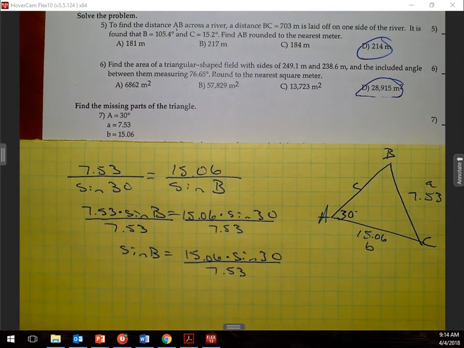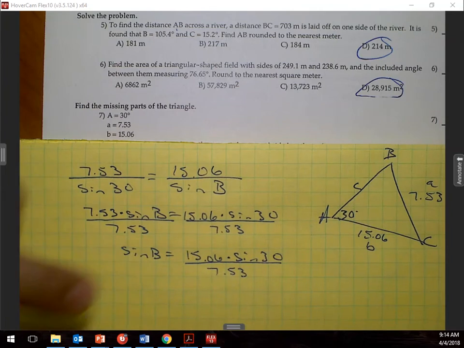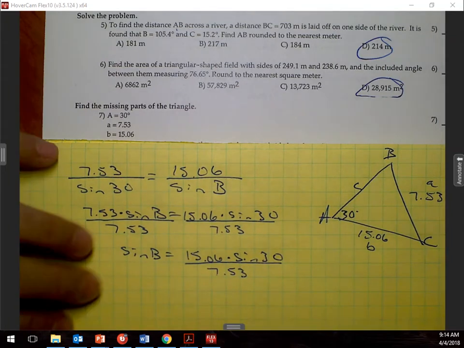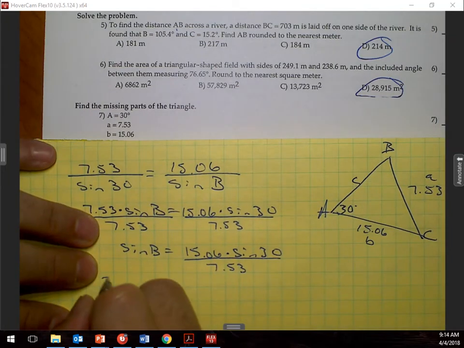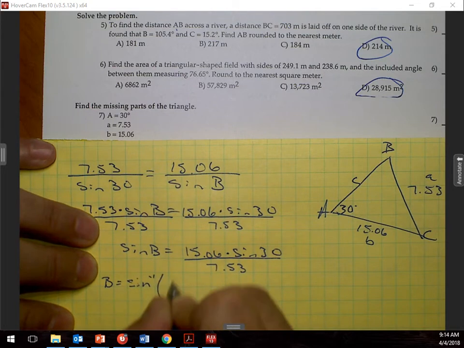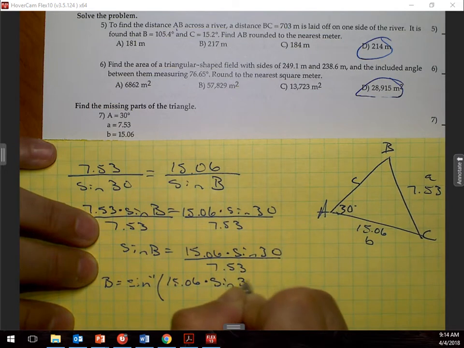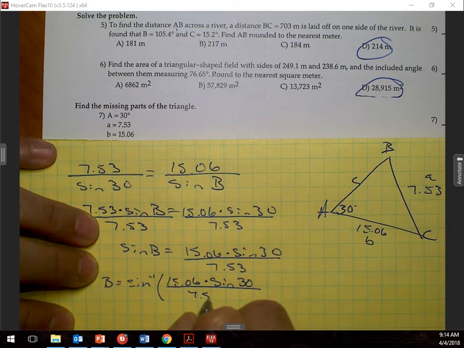Now, from here, if I have to find the angle, I have to do the inverse, right? So B equals inverse sine of 15.06 times sine of 30 over 7.53.